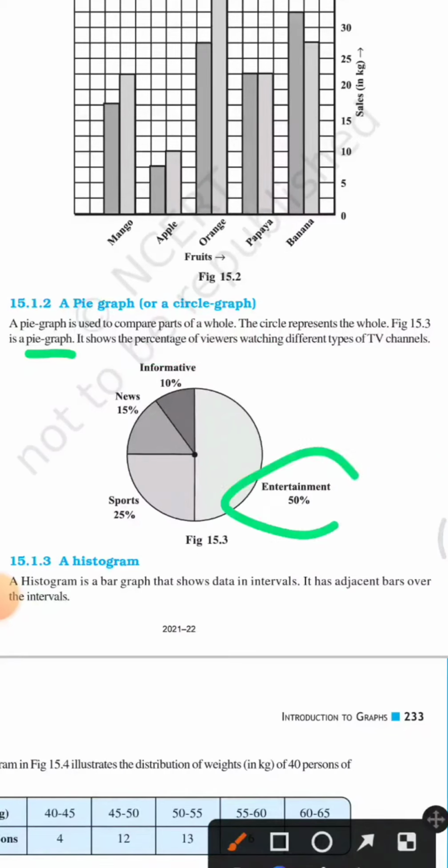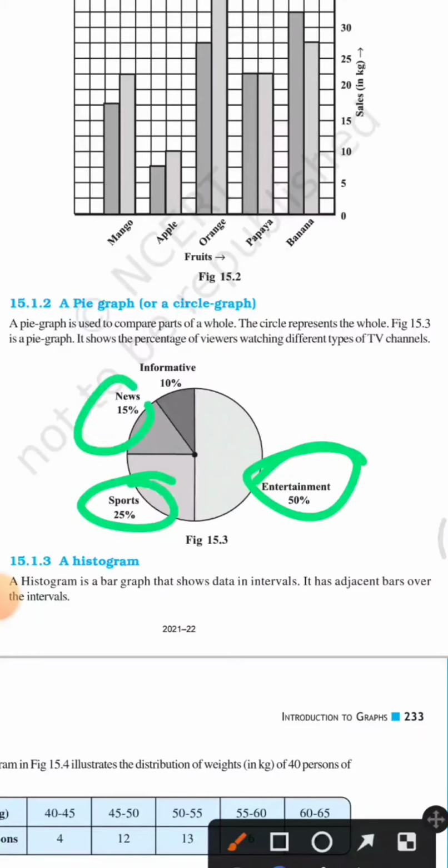Okay, so 50% of people were watching the entertainment channel, 25% were watching the sports channel, 15% were watching news and information channels, and 10% were watching other channels. So this is the information about the people who are watching different kinds of channels. 50% entertainment, so 50 plus 25 is 75, 75 plus 15 is 90, and 90 plus 10 is 100.